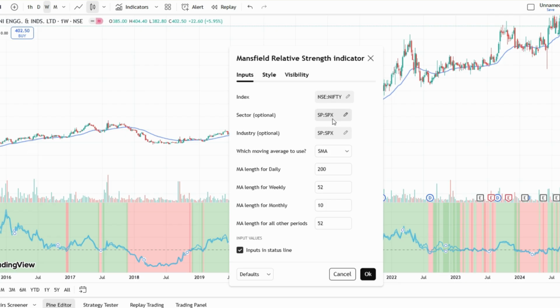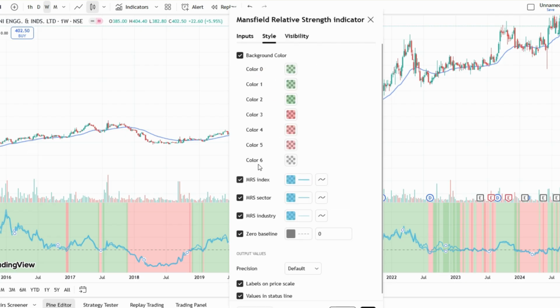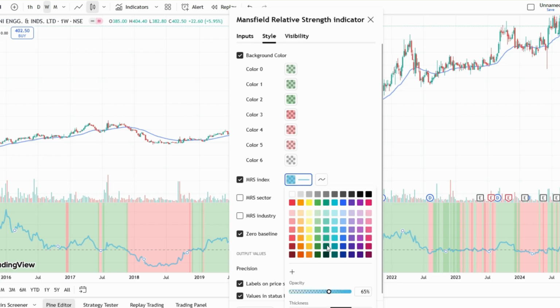Sector and industry is optional. In style, I will use only the index. I will switch off sector and industry as of now. This is the zero line. The zero line is nothing but whether the stock is performing positively above it or below it. Okay, so I will change the color here to blue, so you can visualize it properly.